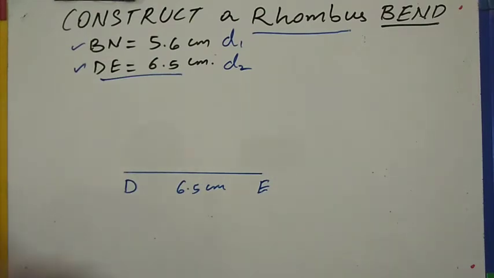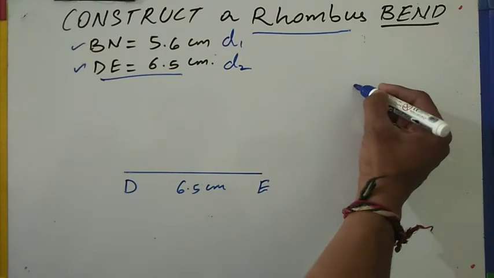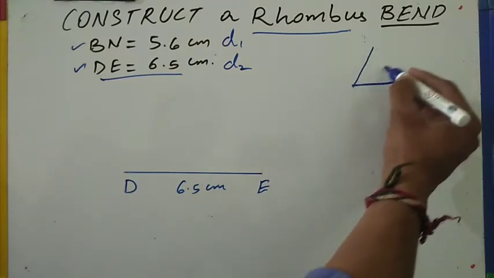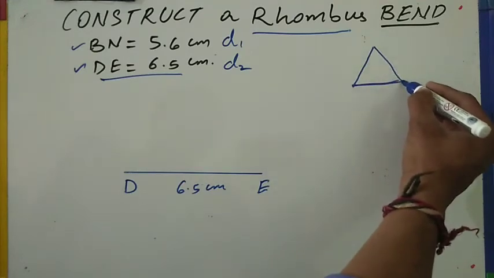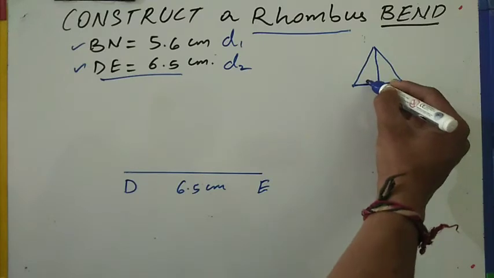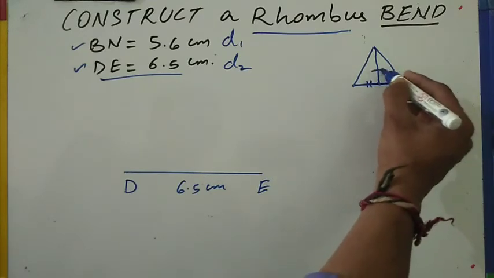The question comes. Remember children, in a rhombus we learnt that diagonals bisect each other.